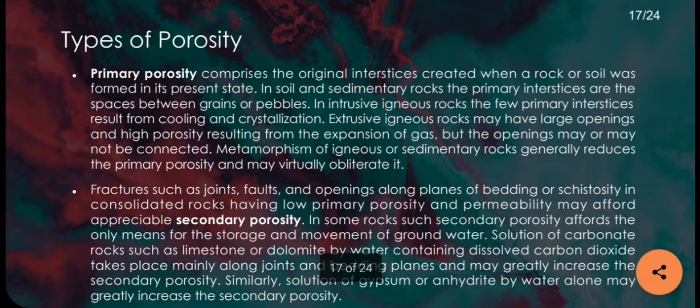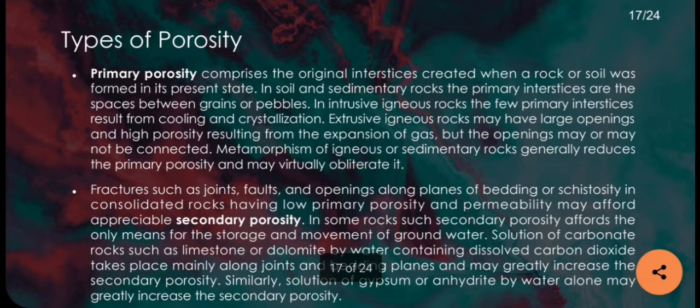In intrusive igneous rocks, the few primary interstices result from cooling or crystallization. Intrusive igneous rocks may have large openings and high porosity resulting from the expansion of gas, but the openings may or may not be connected.